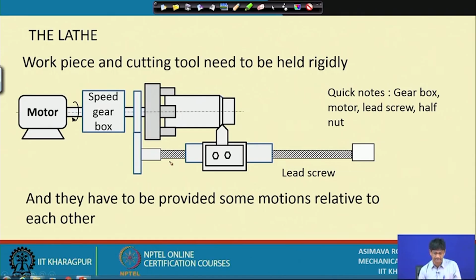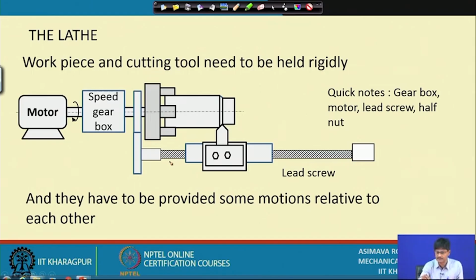So, are there machines in which the feed rod is absent? Yes, there are some machines, in order to save money and mechanisms, etc. The lead screw has just a keyway all through, and that serves the purpose of a lead screw as well as that of the feed rod.